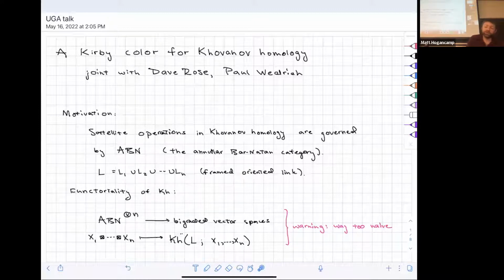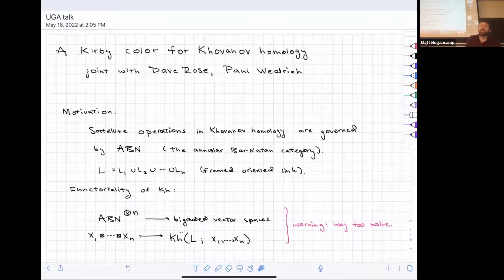For the talk today, I'll take as my main motivation the satellite operations in Khovanov homology. Satellite or cabling operations in Khovanov homology are governed by what we call the annular Bar-Natan category, which we saw a little bit of in Gage's talk yesterday, and we're likely to see more of later this week, or later in our lives.